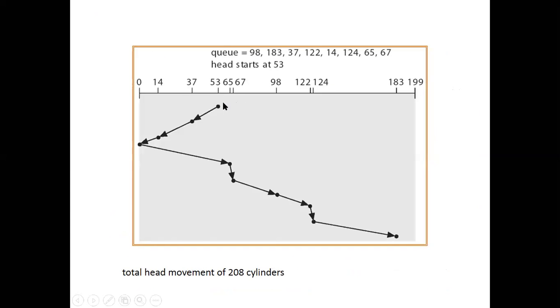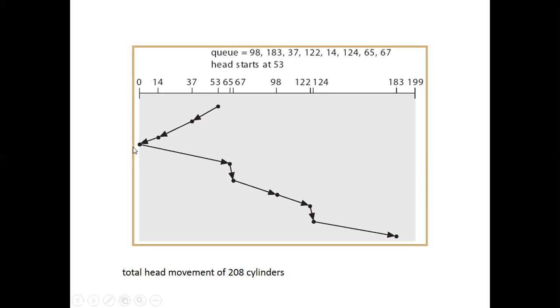See the diagram. My current head position is at 53. Either you can move in the left side direction or in the right side direction. I'm choosing the left side direction. From 53, I'm reaching 37. From 37, I'm reaching 14. After 14, I don't have any request in the left side direction, but you should reach the end, that is 0.